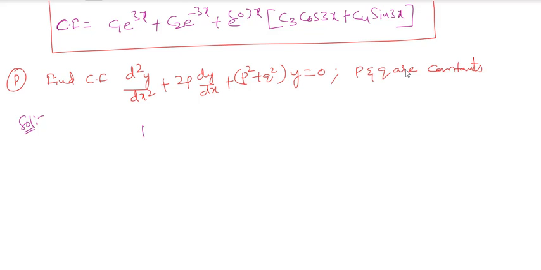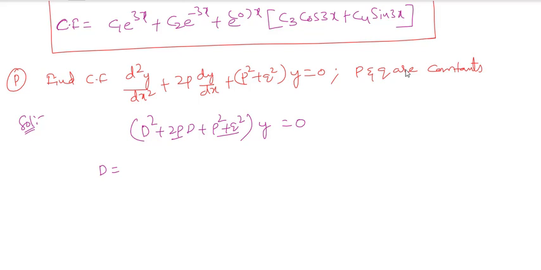So this I can directly represent as D square plus 2pD plus p square plus q square, for a whole, into y, which is equal to 0. So my equation will be this one. This is 2p and p square plus q square. So what are the roots for this? Minus b plus or minus square root of b square minus 4ac, all over 2a.